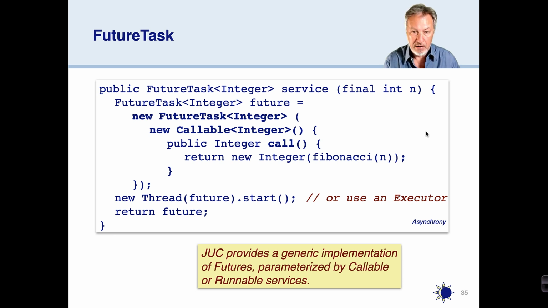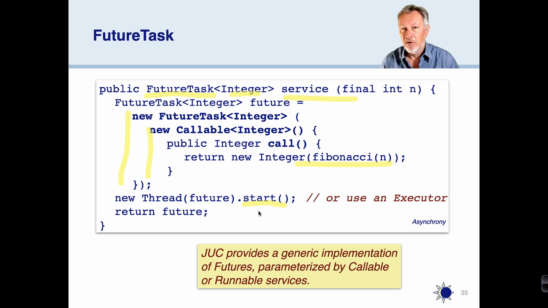We have a service here, and this service is going to return a FutureTask of type Integer. Here we initialize the future, and we create a new FutureTask and pass it, when it's created, a callable. And the callable will execute our Fibonacci code. Then, once we have the future, we start it, and then we return it.